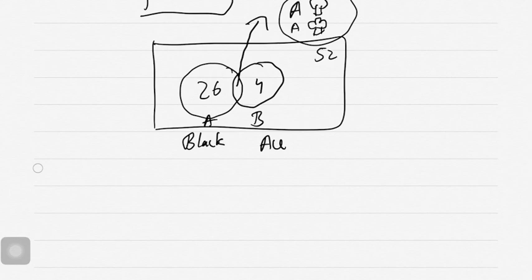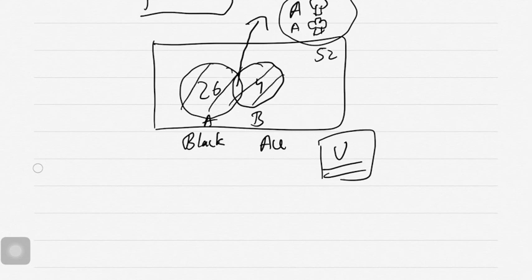And what is union? Union means A and B, both the events together, but none of the points are getting repeated. When I say ace, I mean 4 cards, and when I say black cards, that means 26 black cards.